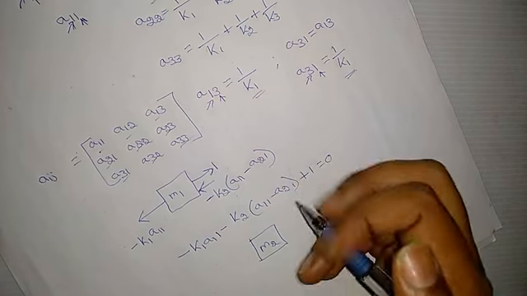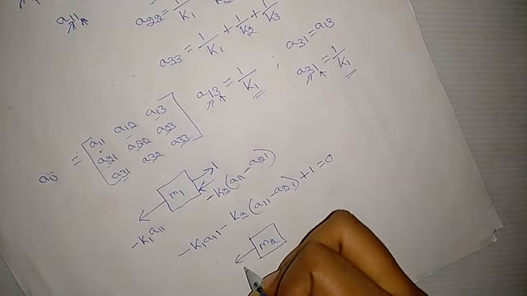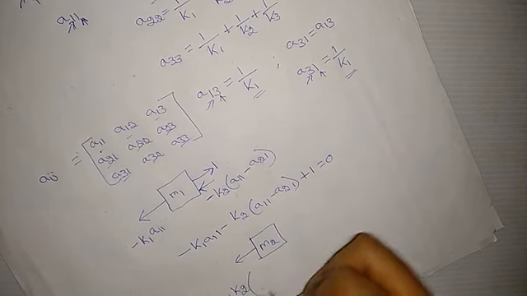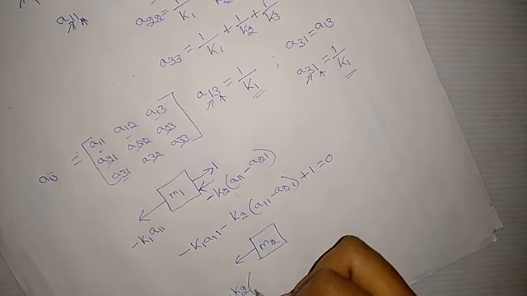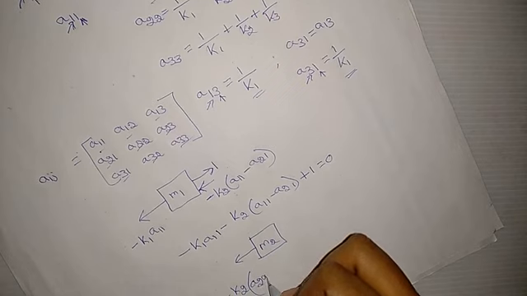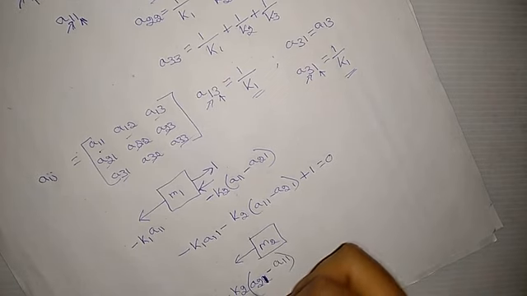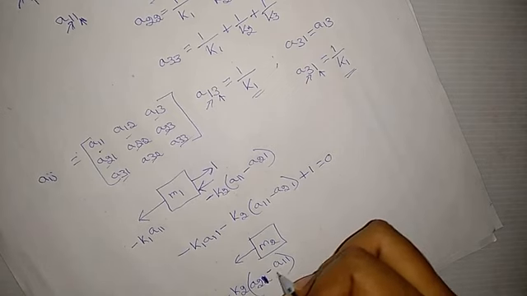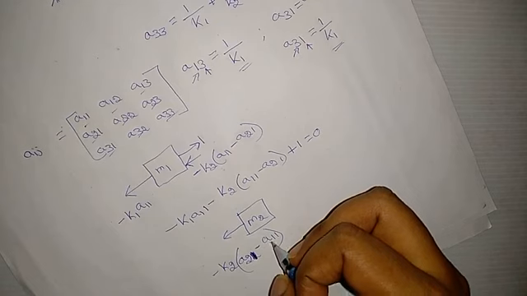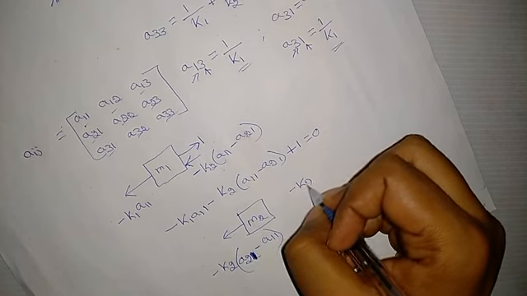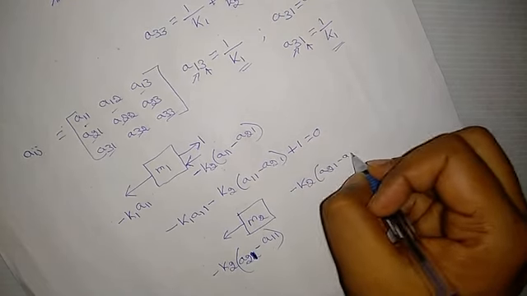Writing the free body diagram for this, it will be minus K2 into (A21 minus A11), which is equal to 0.